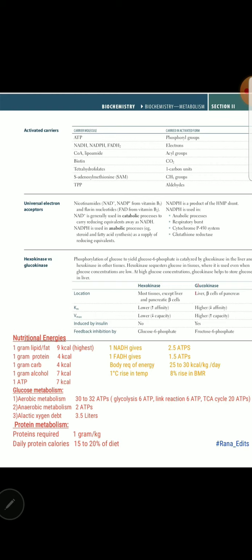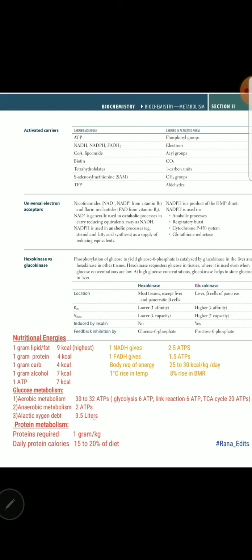Link reaction, we know the pyruvate to acetyl CoA, and then TCA itself 20 ATPs. These are not important, but overall 30 to 32 are important. Then anaerobic metabolism produces 2 ATPs, that produces lactic acid, we know, just 2 ATPs, anaerobic glycolysis, and 30 to 32 and just 2.